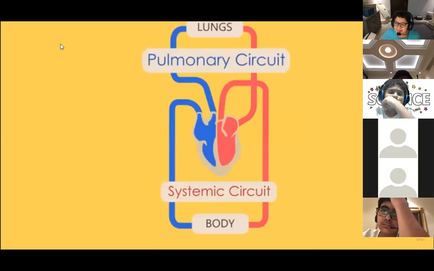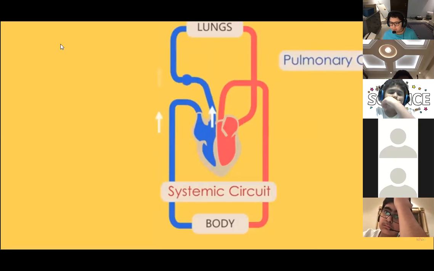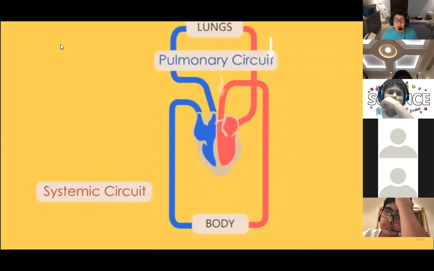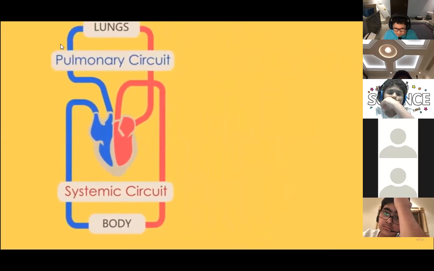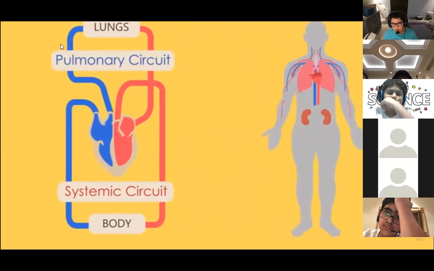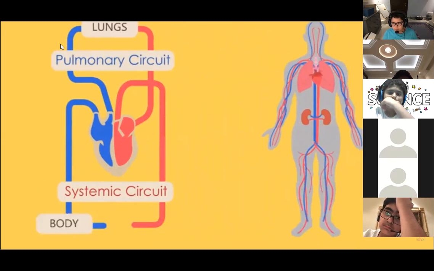In the pulmonary circuit, deoxygenated blood is pumped from your heart to your lungs to become oxygenated. In the systemic circuit, this oxygenated blood that is returned to the heart is pumped to the rest of your body. Unlike other muscles in your body, your heart never tires and works very hard to ensure that blood reaches all parts from your head to your toes.